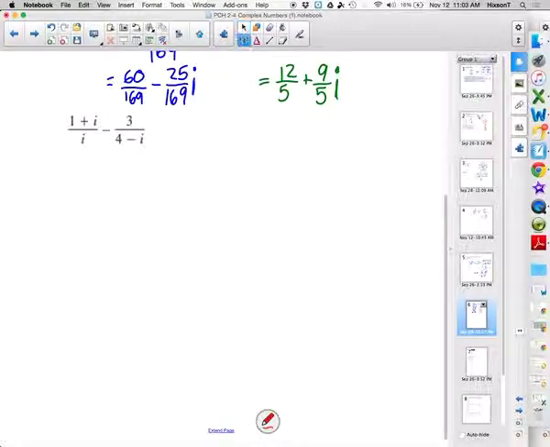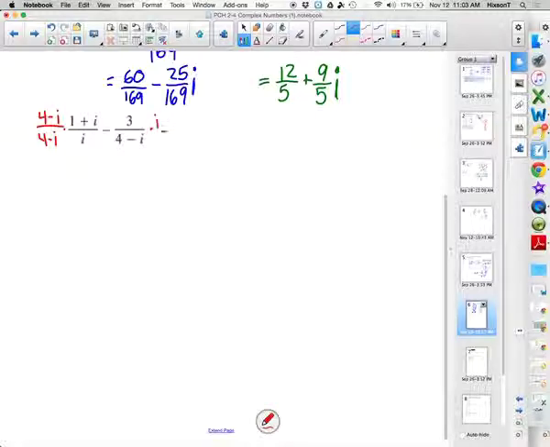Okay, how would we start this one? Gloria? We can put them together like 4 minus i times i, and then for the top it's 1 half i times 4 minus i. Good, good. And then for the minus 3i, we'd multiply this one by i over i. So we're getting a common denominator here.